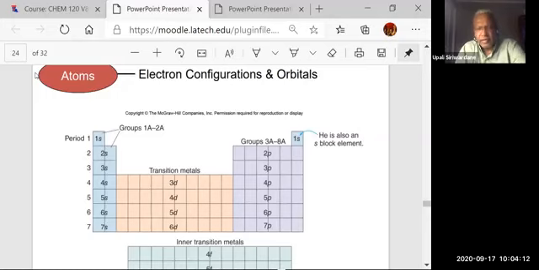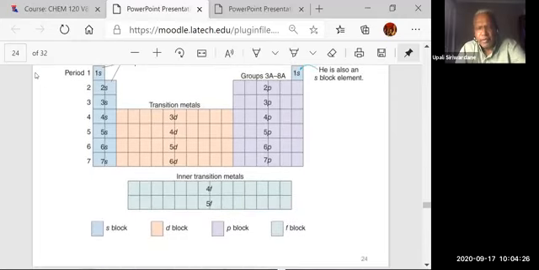The other elements, 3A to 8A, 13 to 18, are added to p orbital. And for the inner transition elements, lanthanides and actinides, the last electrons are added to f orbital.